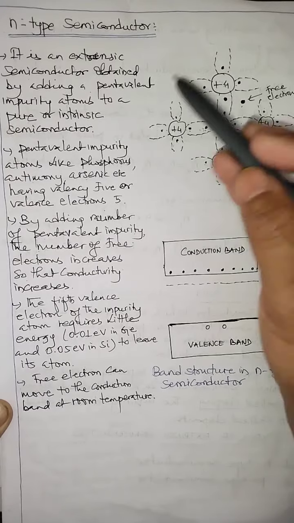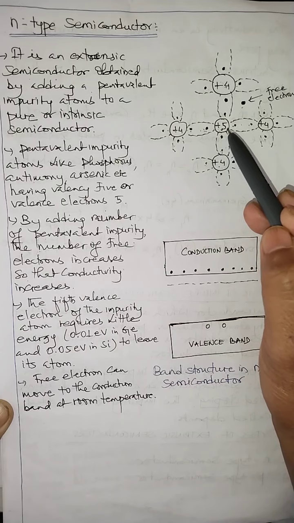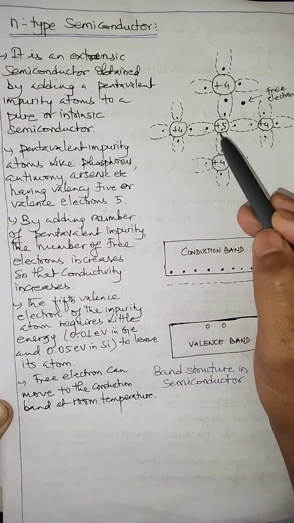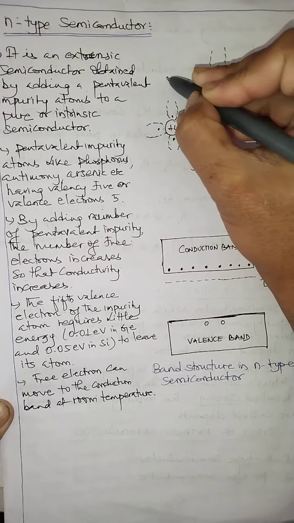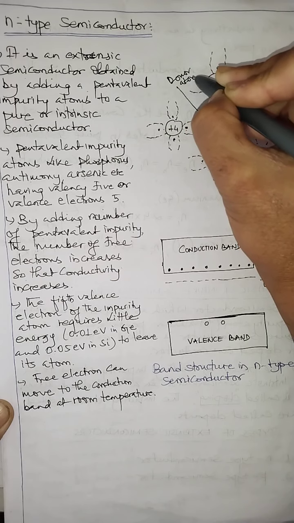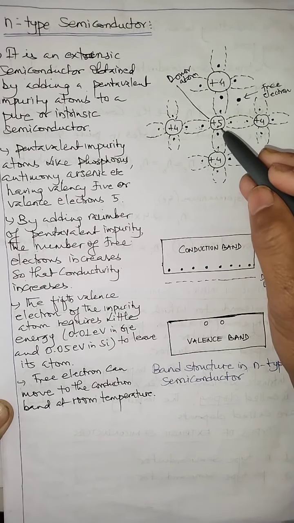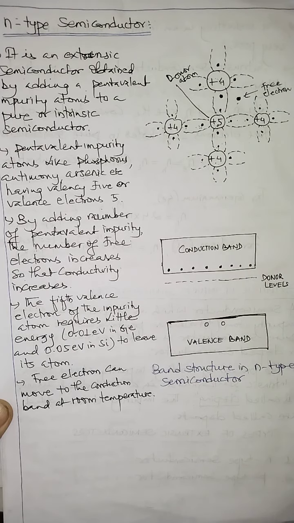Under this semiconductor, this impurity atom that you can see, which is actually a pentavalent impurity atom, is also called donor atom. So let me just give the name of this atom as donor atom. So this pentavalent impurity atom which is added in the semiconductor is called donor atom.